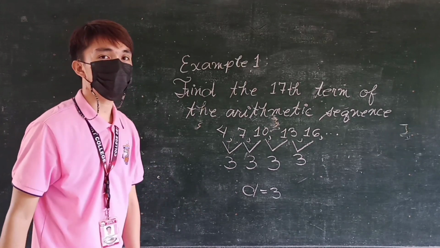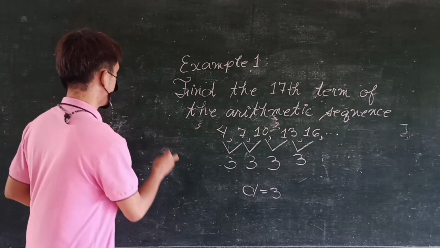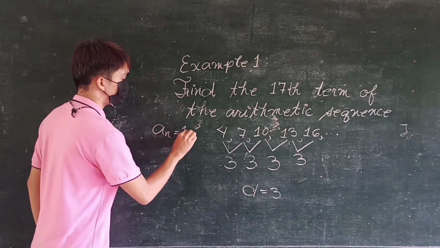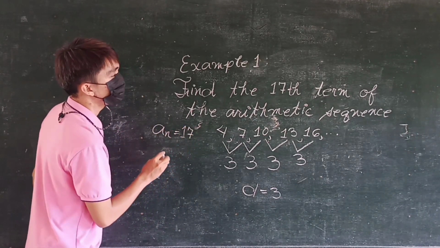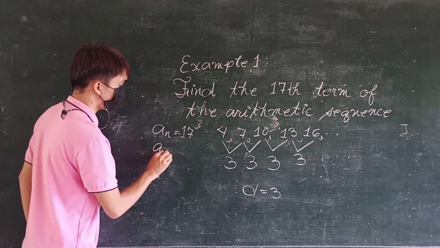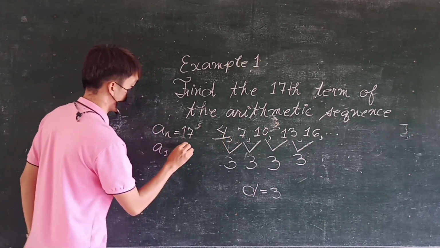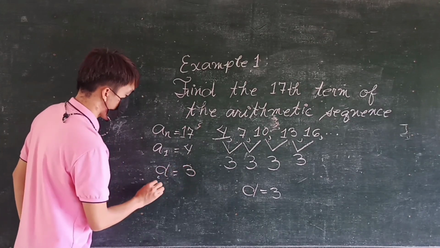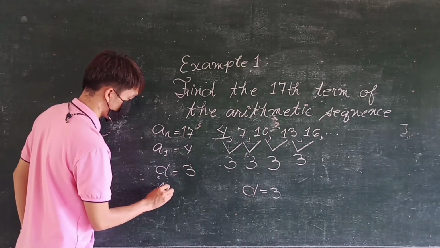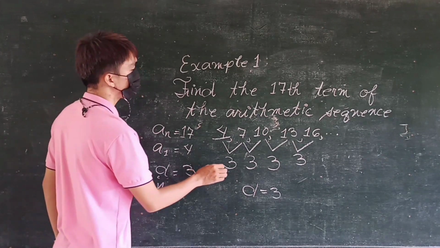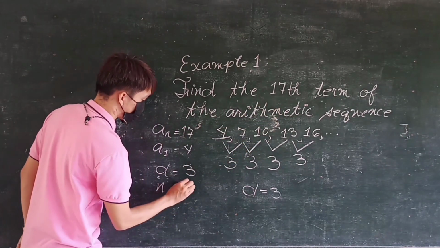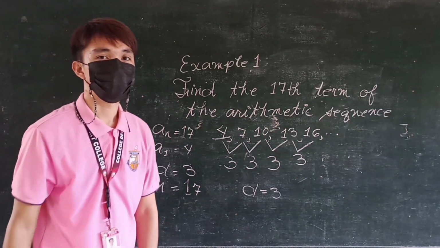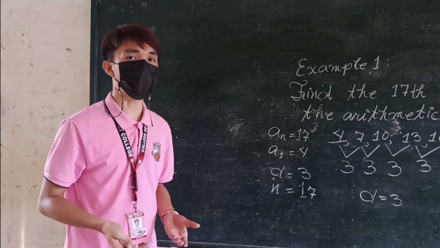So, let's identify first the a sub n. We are looking for the 17th term. For the a sub 1, the first term, we have 4. The common difference is equal to 3. And the number of terms, we have 17. Alright. Now, it's time to use the formula.